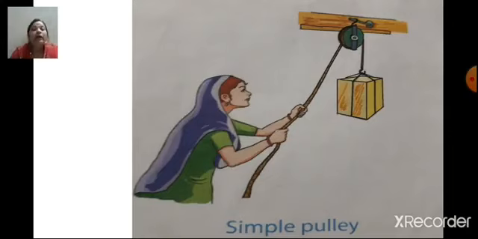Now pulley is also a kind of simple machine. It is used in various places in our day-to-day life. For example, the masons who work on construction sites use this pulley to lift the bricks or other things from one level to another.